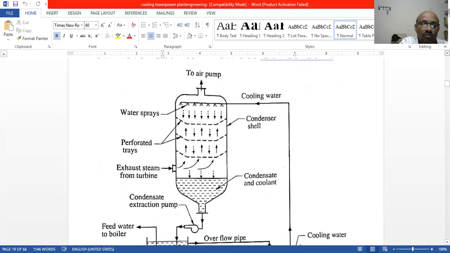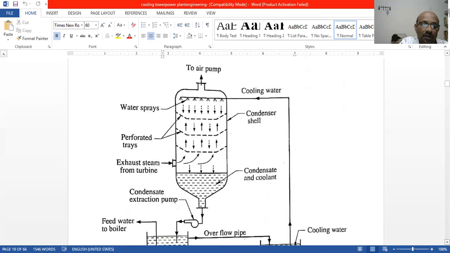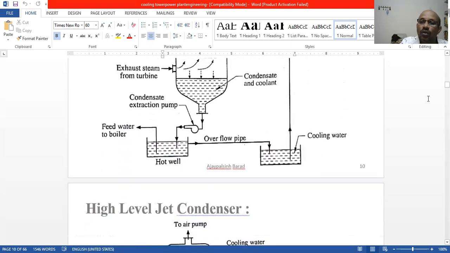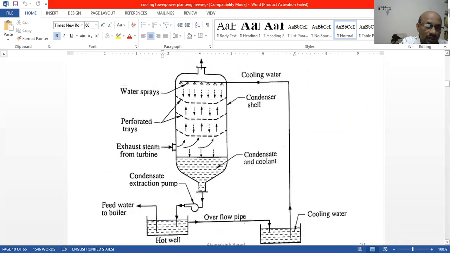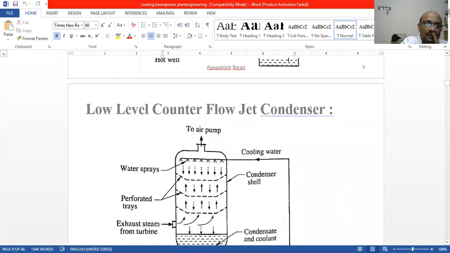Here is one more type we can see, the low level counterflow jet condenser. The same, over there we arranged the air pump and kept the exhaust steam. Here we can arrange the air pump at the top.